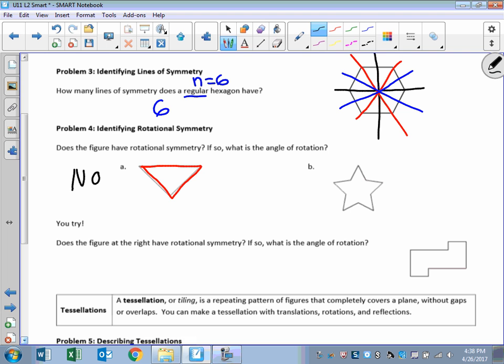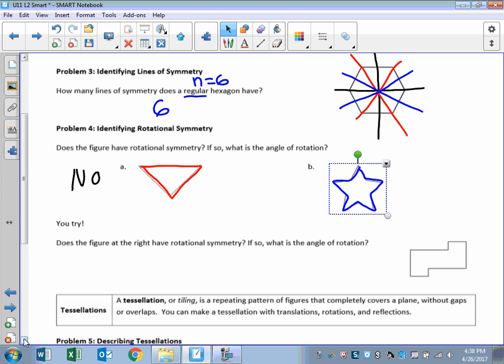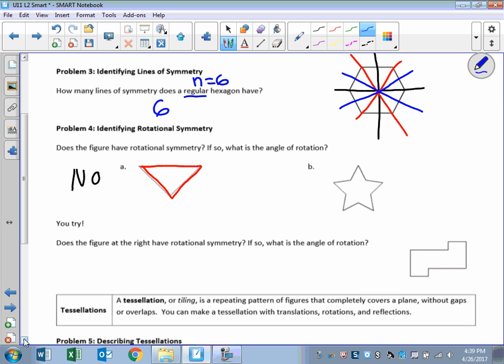Okay. What about this star? Let's see. So let's mark where the point is, so you can watch it spin.